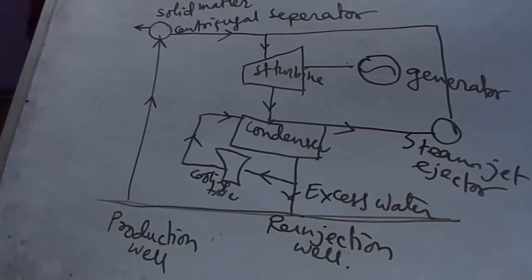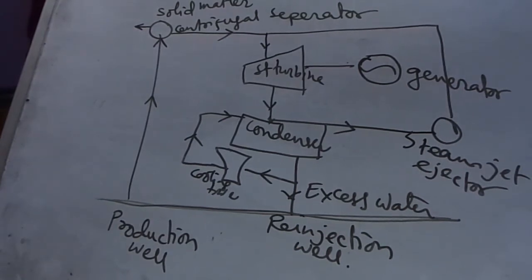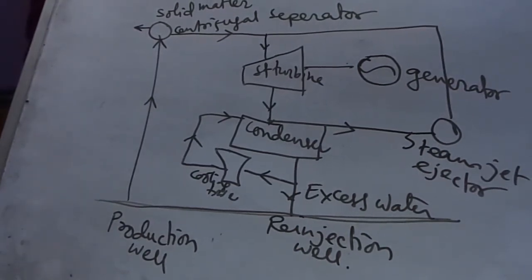As shown in the figure, the steam is extracted from the well, cleaned in a centrifugal separator to remove solid matter, and then piped directly to the turbine. The exhaust steam of the turbine is condensed in a direct contact condenser, in which the steam is condensed by direct contact with cooling water.